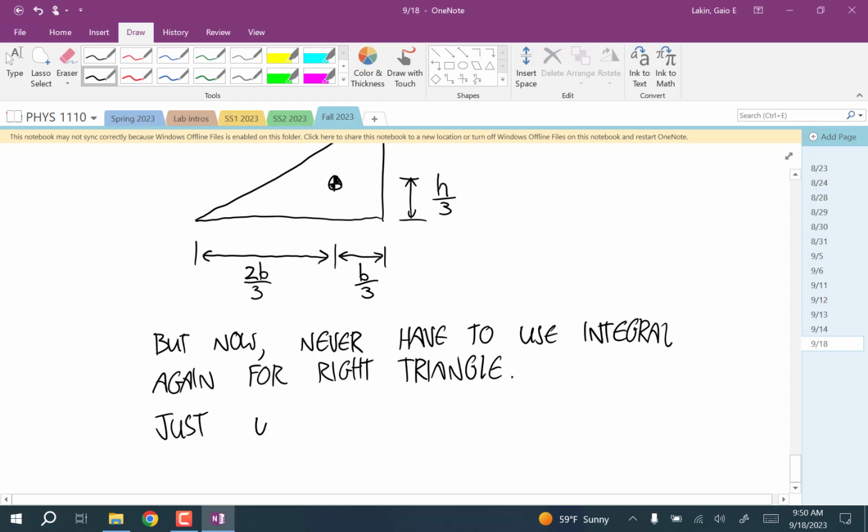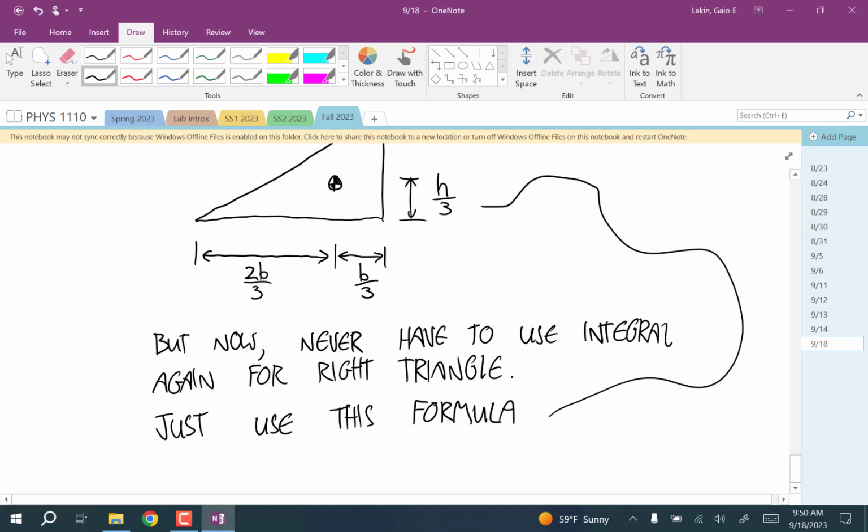All you have to do is use this formula that we just derived. So now anytime you have a right triangle and you want to know where the centroid is, you just go a third from the wall side in each dimension, and you're there.